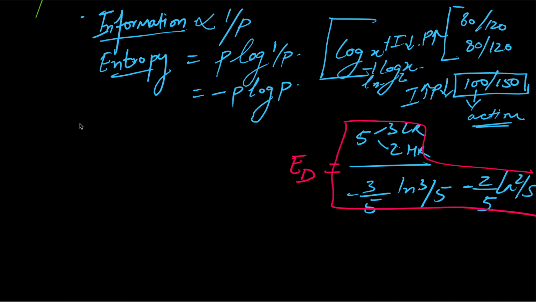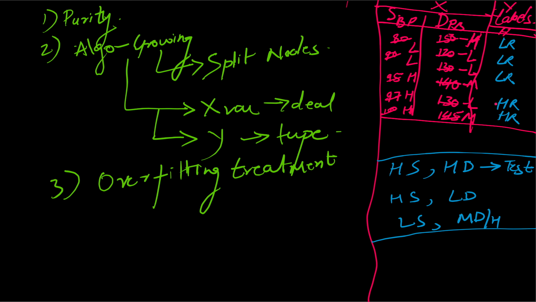So if I'm using systolic pressure to divide it, on the low side my split of the data is 2 of one class and 1 of another class, which is 2 low risk and 1 high risk, whereas on this part I have 1 low risk and 2 high risk.